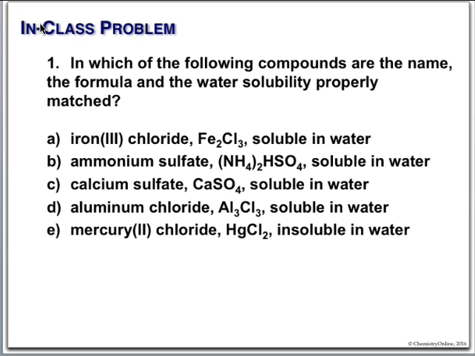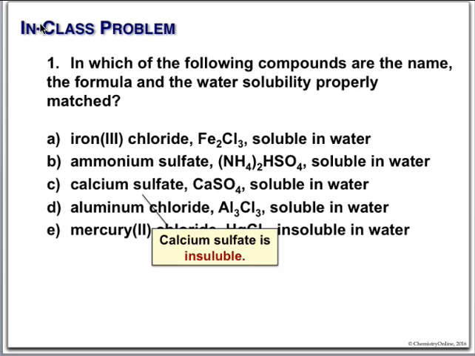Remember, most sulfates are soluble in water, except for calcium, barium, and what is it? Is it lead? It's one of those. Could be copper. I don't know. No, copper is soluble. But this is wrong because calcium sulfate is one of the insoluble guys.